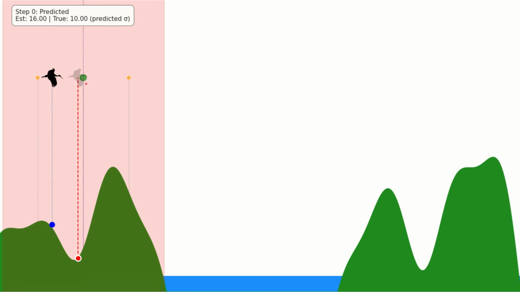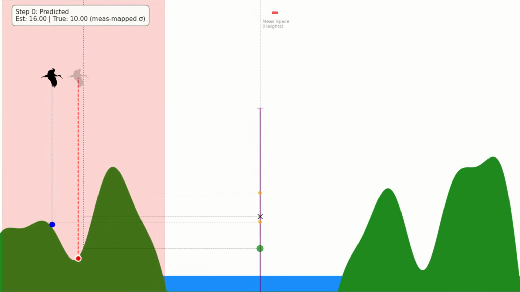Okay, now that we've predicted where our sigma points will end up in the next time step, we'll now, using our map, ask ourselves if our bird was indeed in any of these sigma point positions, what height measurement values would we expect to measure? This takes us to the predicted measurements, so we're shifting from the state space to the measurement space.